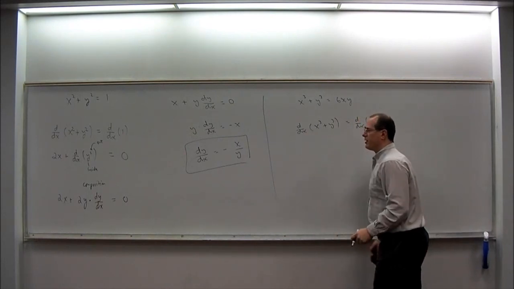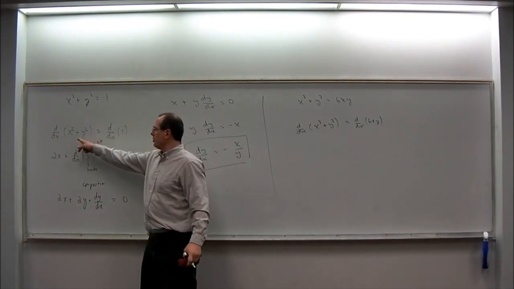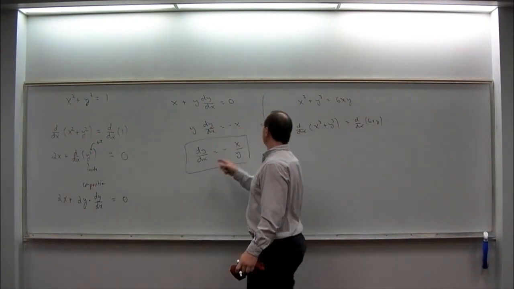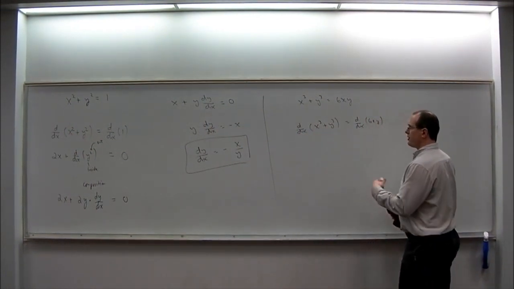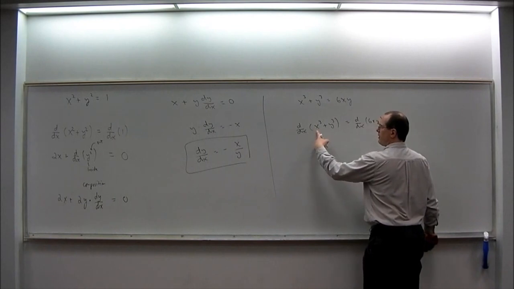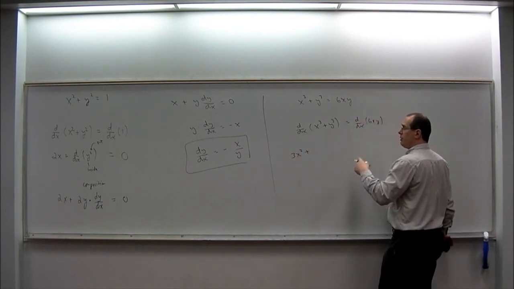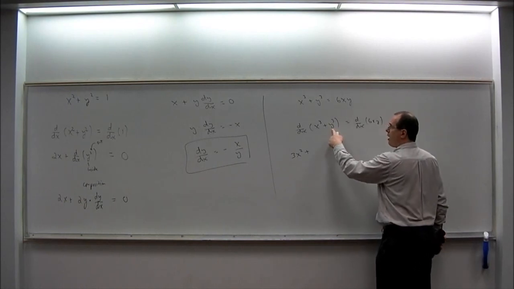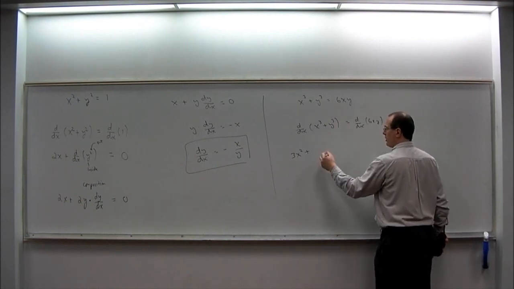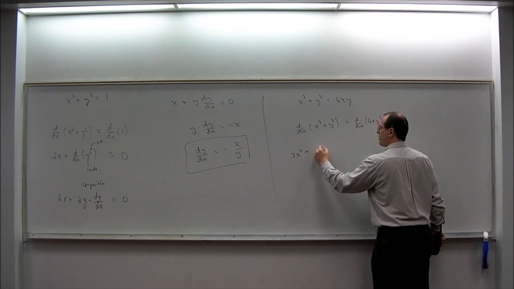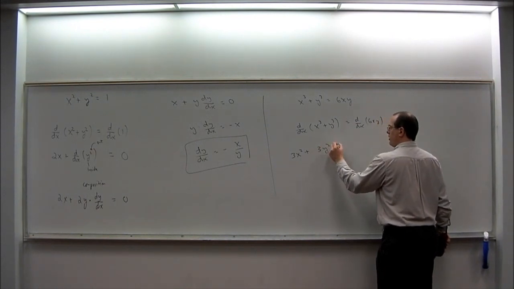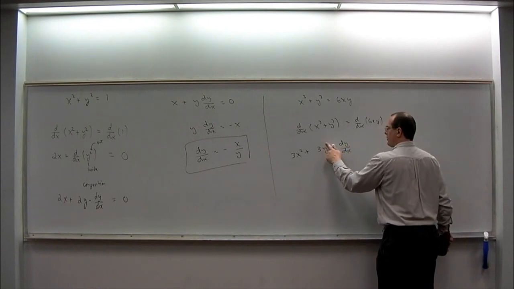On the left side, it's very similar to what we had for the unit circle, x squared plus y squared. Here it's x cubed plus y cubed. The same ideas hold. The derivative of x cubed is 3x squared. And then the derivative of y cubed, that's a composition. The y function is inside of the cube function. So we do the derivative of the outside, that's 3y squared, times the derivative of the inside, that's dy/dx.